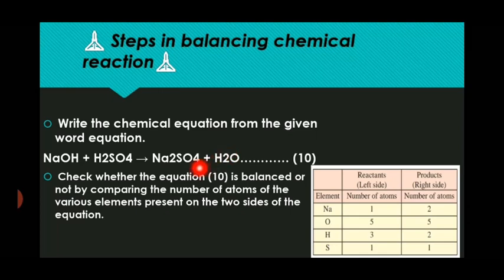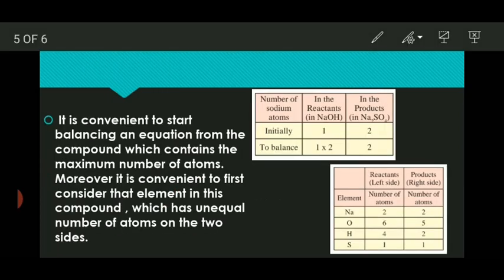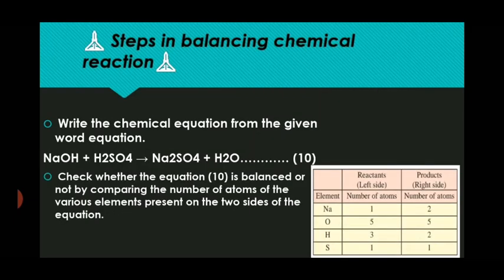Now come to the second step. Check whether the equation is balanced or not by comparing the number of atoms of the various elements present on the two sides of the equation.